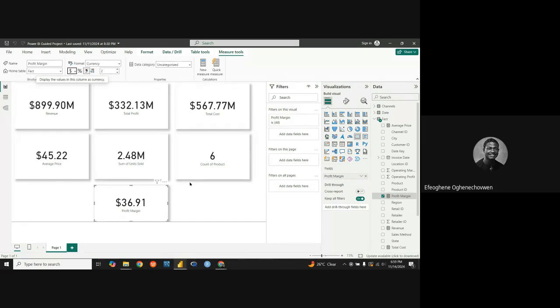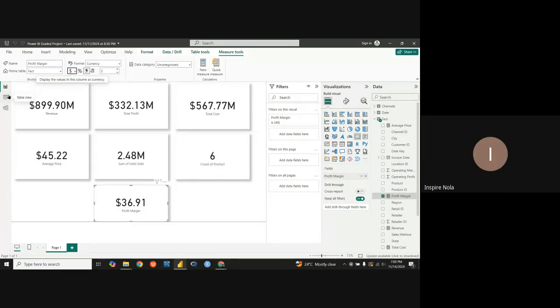Inspire, please go ahead. So I want to ask a question. I thought the profit margin is meant to be formatted as a percentage, since it is a percentage that is left of the revenue generated. Do you get what I'm trying to say? Instead of formatting it as a currency, it should be formatted as a percentage. I'm not sure, I'm just kind of confused. Ask your question again, please.